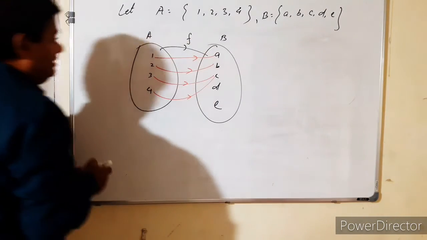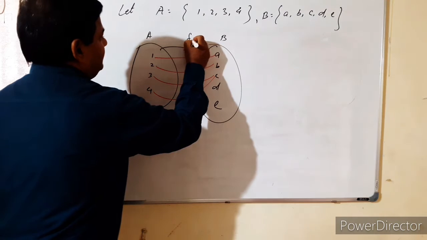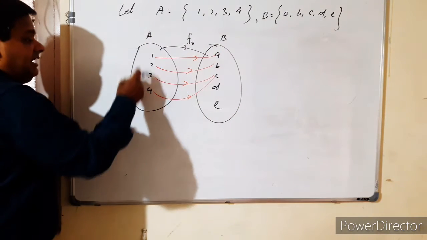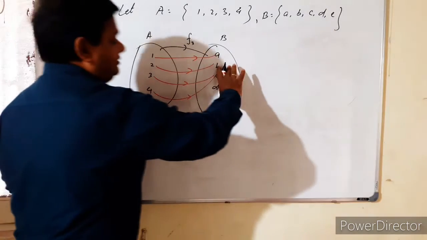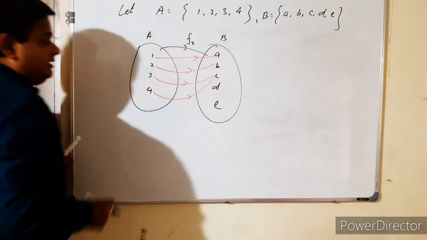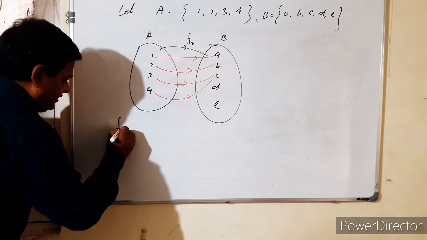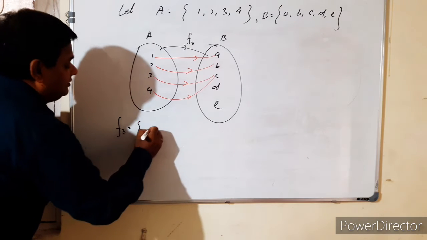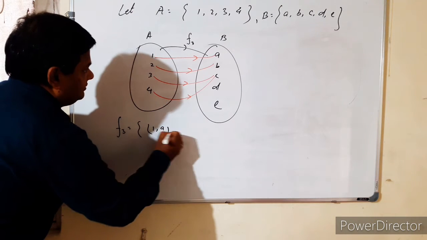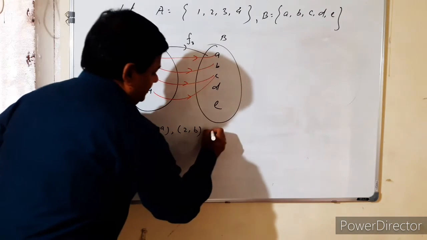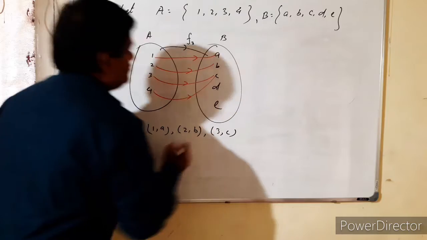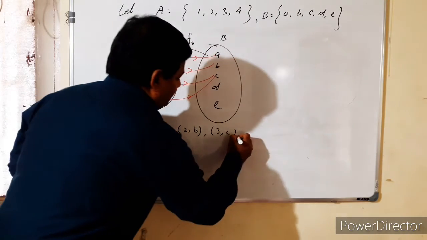Suppose this is F3. Each and every element of set A has an image in set B. So F3 is 1A, 2B, 3C, 4C.